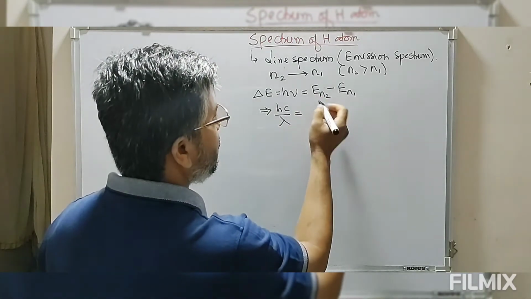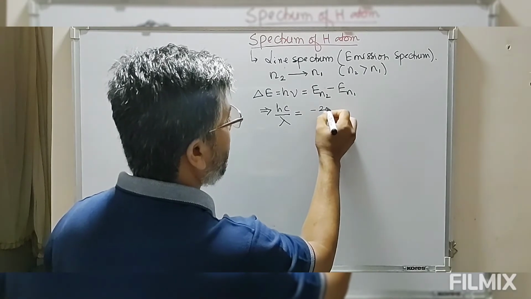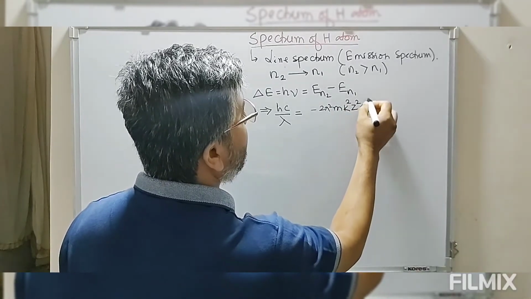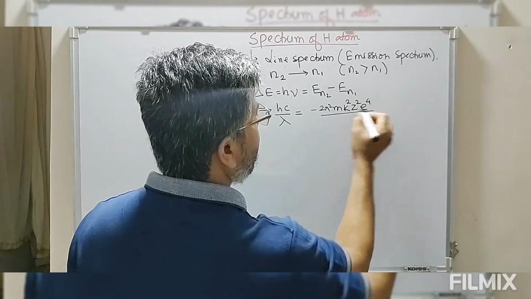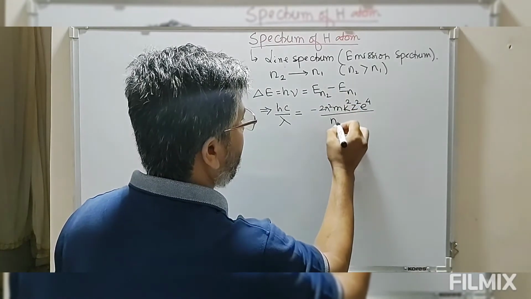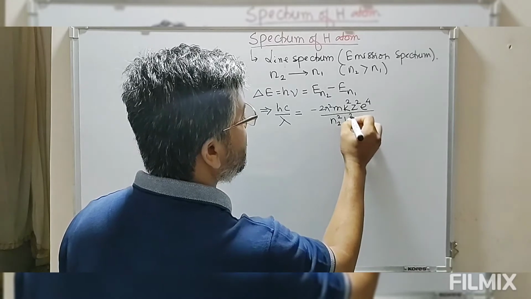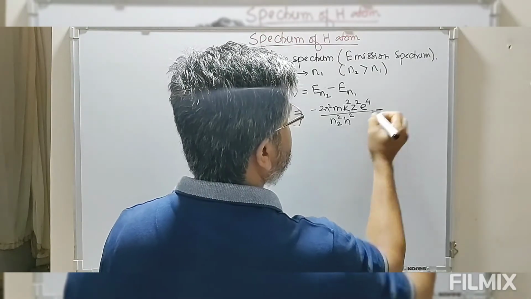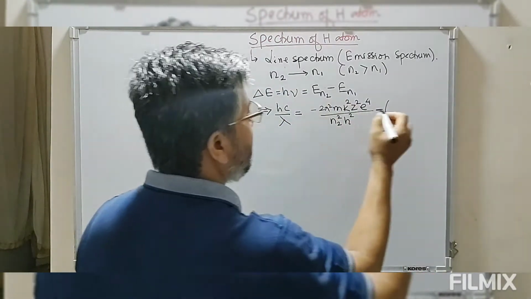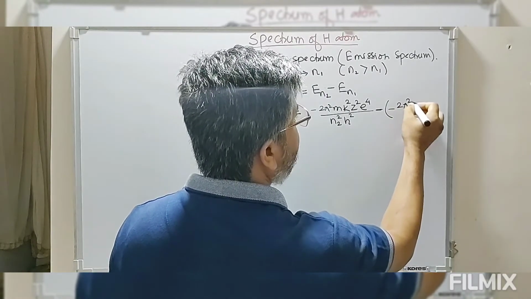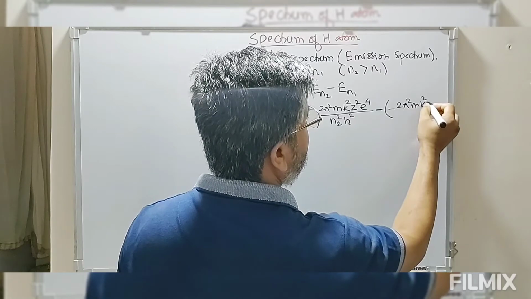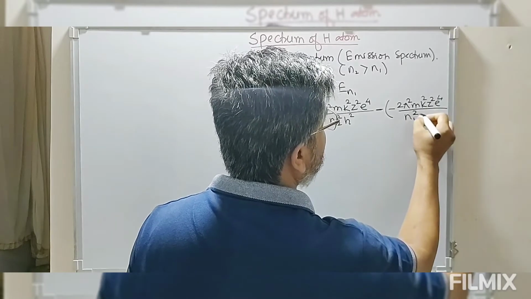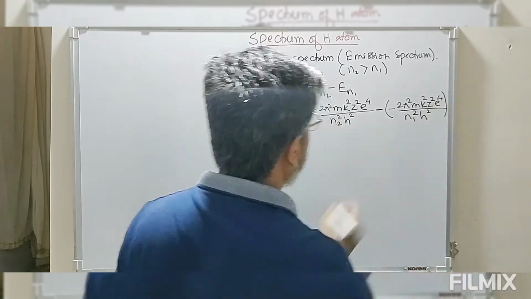The energy of the electron in the n2 level is minus 2 pi square m k square Z square e to the power 4 divided by n2 square h square, minus the same value for n1: minus 2 pi square m k square Z square e to the power 4 divided by n1 square h square.